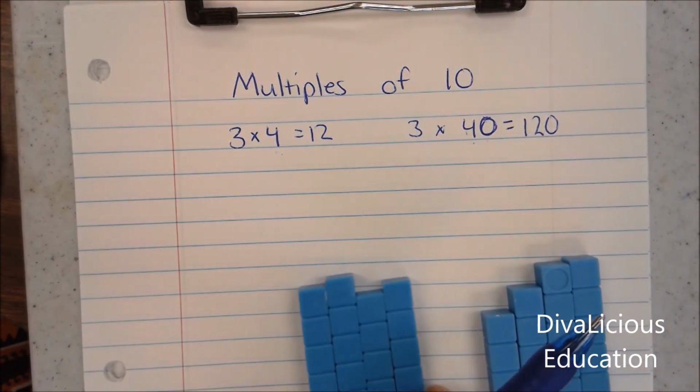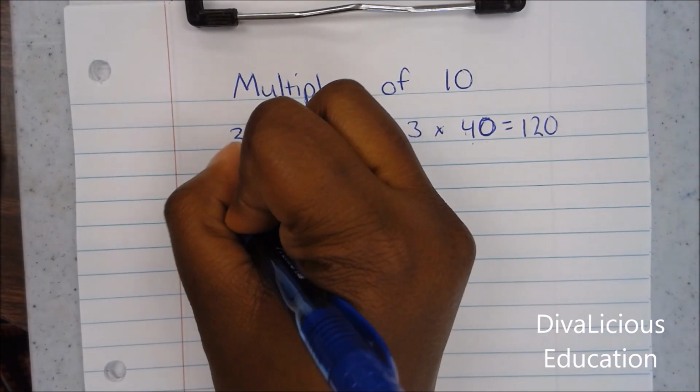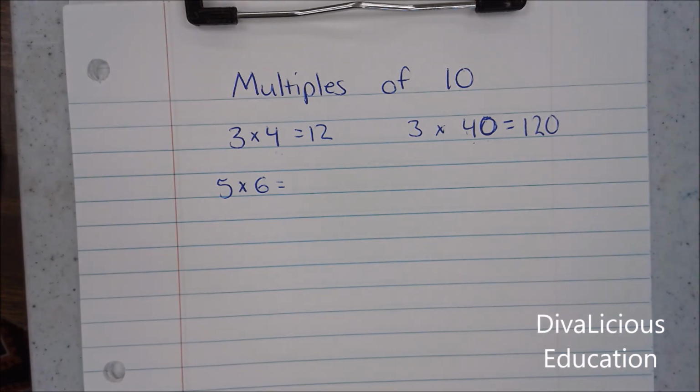Now let's look at some problems and try another one using our base 10 blocks and our math thinking. Let's say that I wanted to multiply 5 times 6. Well, that would be 5 groups of 6.